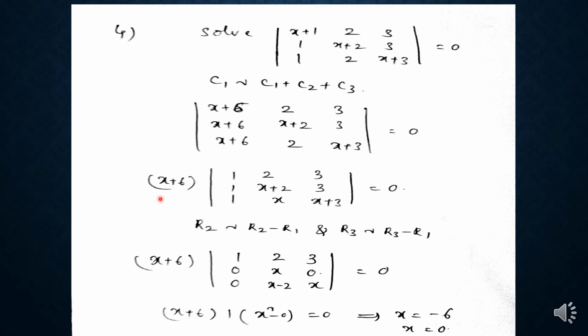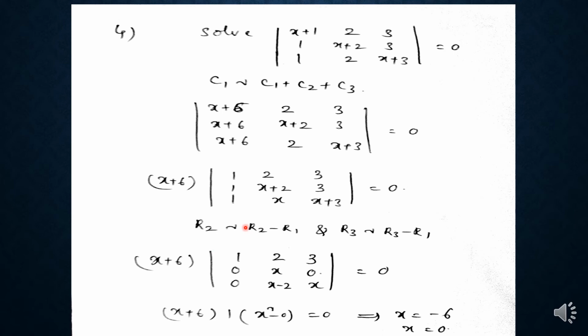So by taking x plus 6 as common, we will get 1, 1, 1 here. Second column 2, x plus 2, 2, and this is 2, not x. Third column 3, 3, x plus 3 is equal to 0.